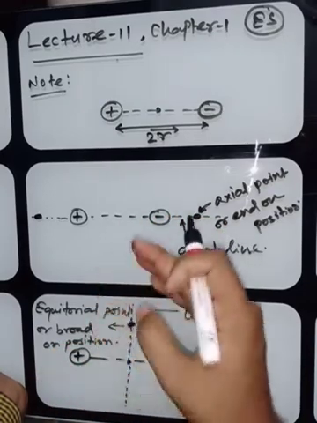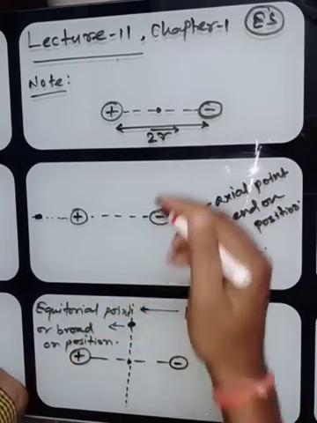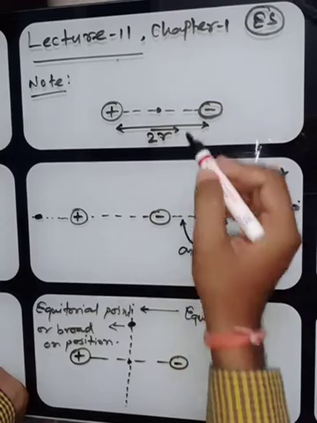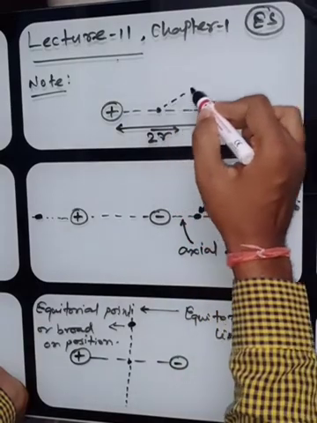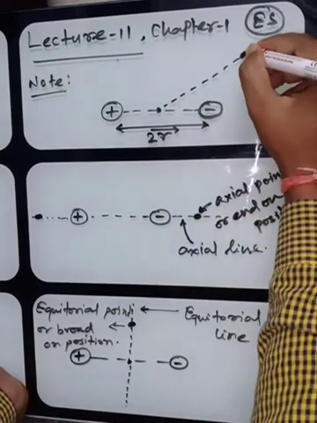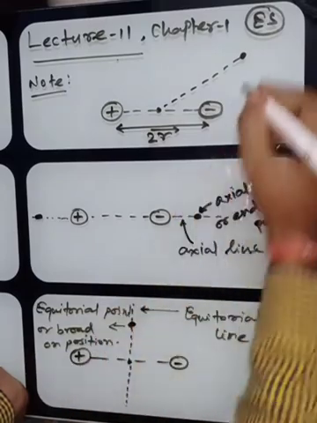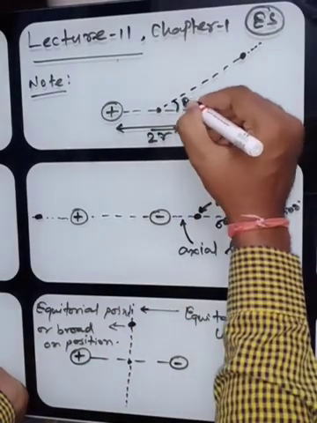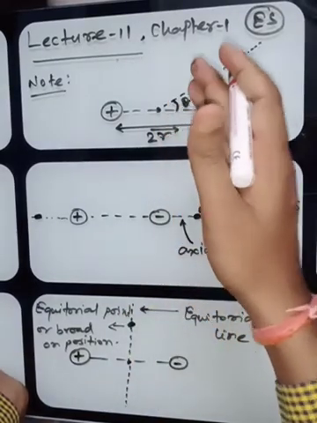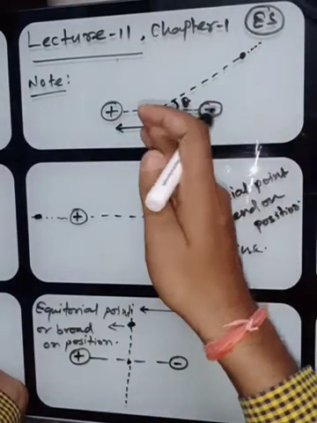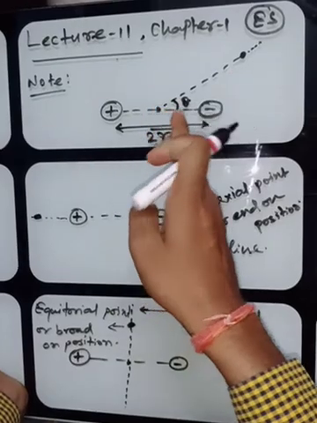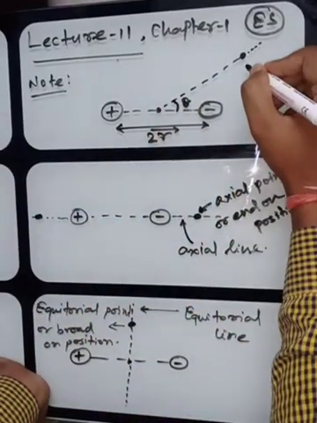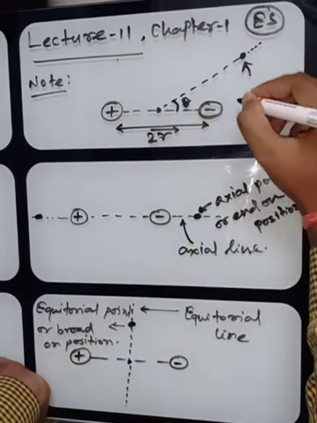There will be another point that is a part of this axial and equatorial. Suppose at any point here we are considering, what will we call this point? If it is at angle theta, which is neither 90 degrees nor 0 degrees and not even 180 degrees, this point will be considered as an arbitrary point.